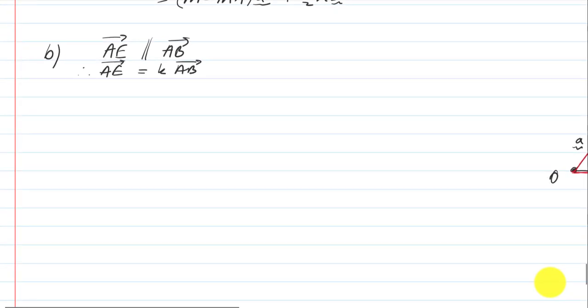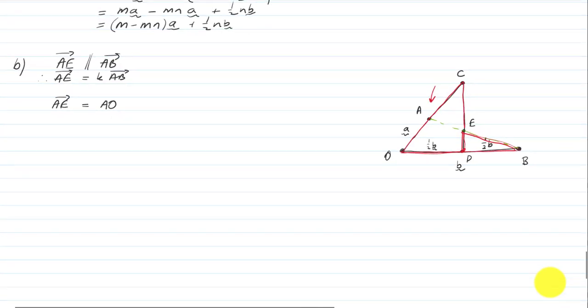And we also know that AE is equal to AO, so I've zoomed in so now we can't see the diagram, there we go, AO plus OE. And that's equal to negative A because we're going backwards, plus M minus NM A plus half NB.